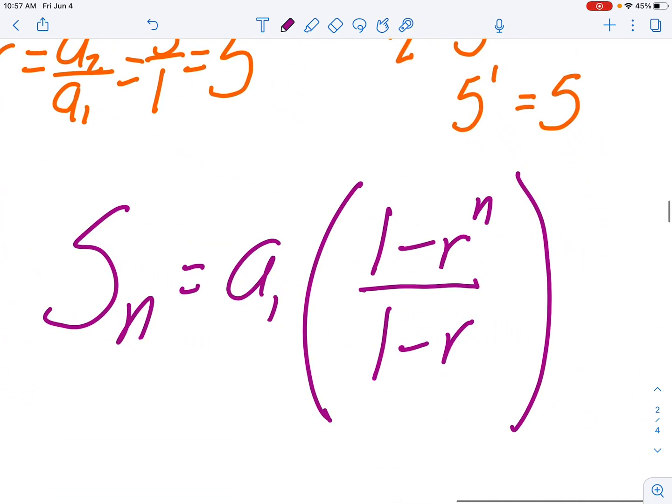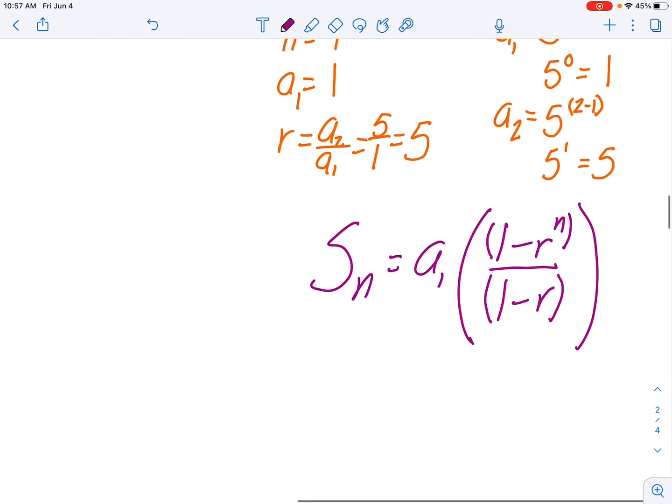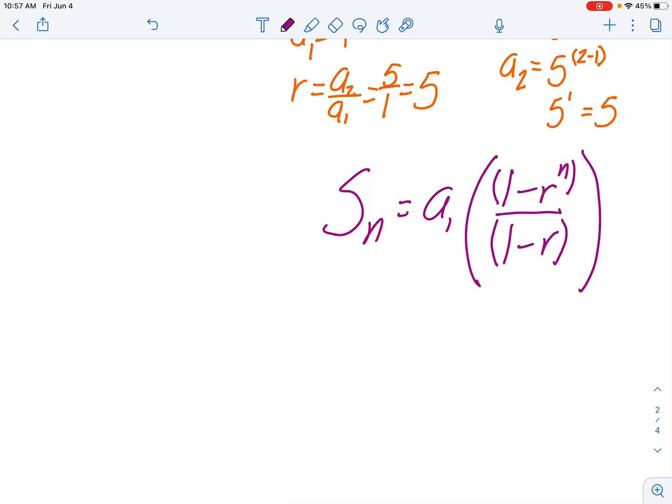Now, let me tell you that right here, we're going to need another set of parentheses in our calculator.